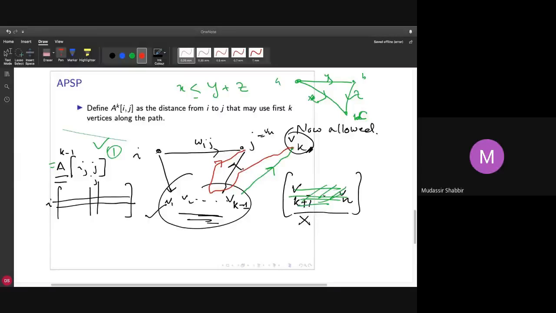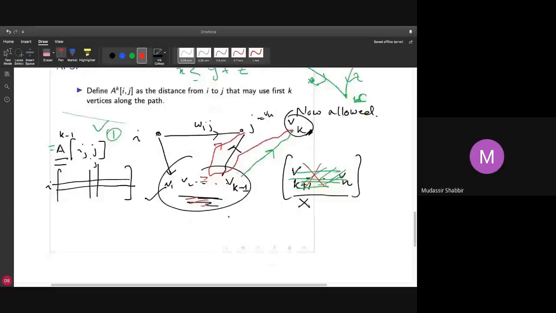So if the shortest path goes through K, you have a path from I to K which goes through these vertices, and then a path from K to J which goes through the same set of vertices. Remember, these vertices are not allowed at this point. All right, are we good?